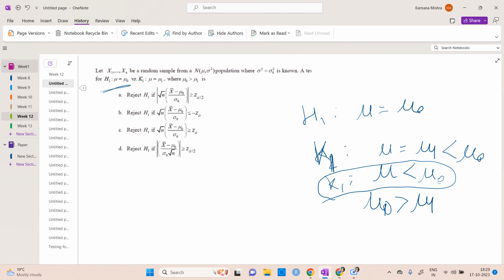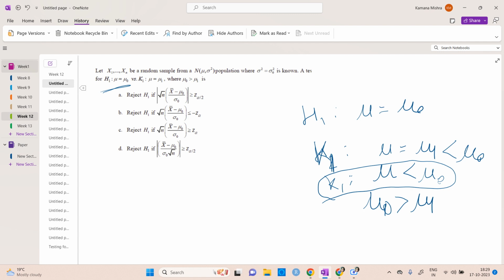Any guesses? Okay, so firstly, what is this test? Whether it is a one tail test or two tail test? One tail test, right?